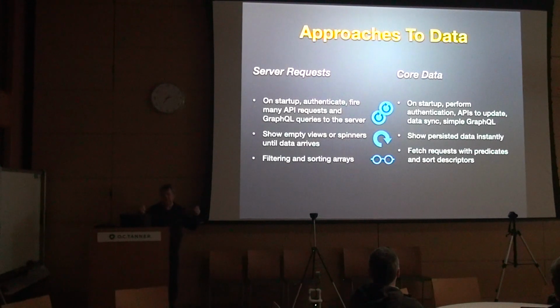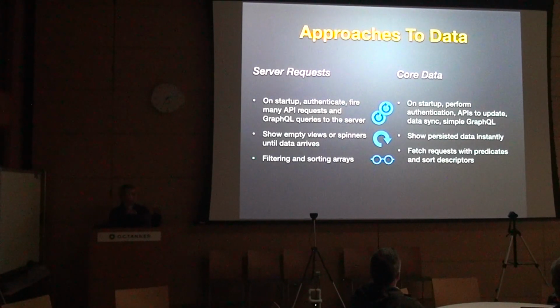It depends on how you build your app. But that is typical behavior the user sees when you're using strictly server requests and no persistence. As I talked about, with Core Data the philosophy is you instantly show data. The moment you go in, you see data. There are no spinners.